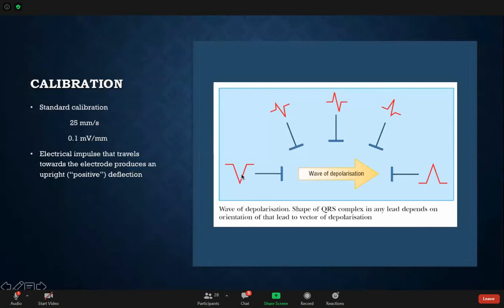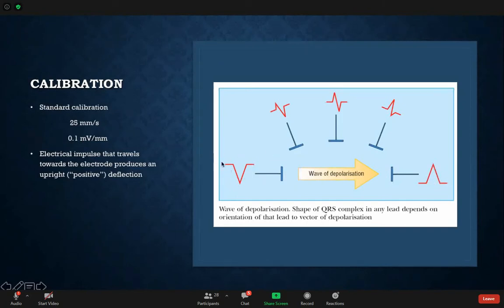What does this mean? Imagine here is the heart, and your electrode is here, on this side. It measures from negative here to positive here, so you're going to have a positive deflection in the ECG.